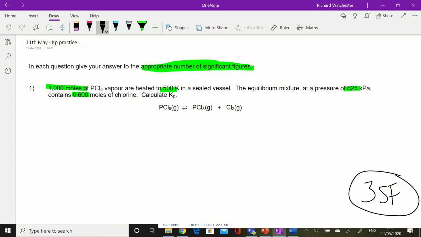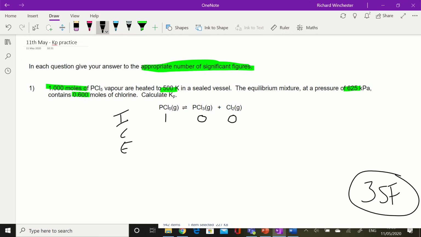Okay. So initial, change, and equilibrium, do my ICE. That's a nice fail-safe way to be able to work out the number of moles of everything at equilibrium here. So I've got 1 mole of PCl5 vapor and nothing else. Very important that we're starting off with none of the PCl3 and Cl2. That's part of it.